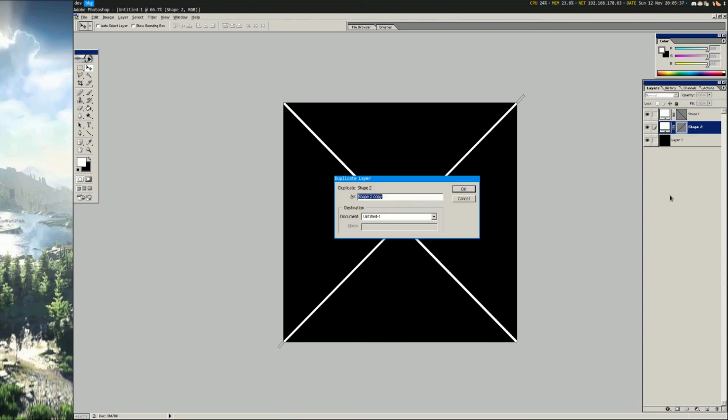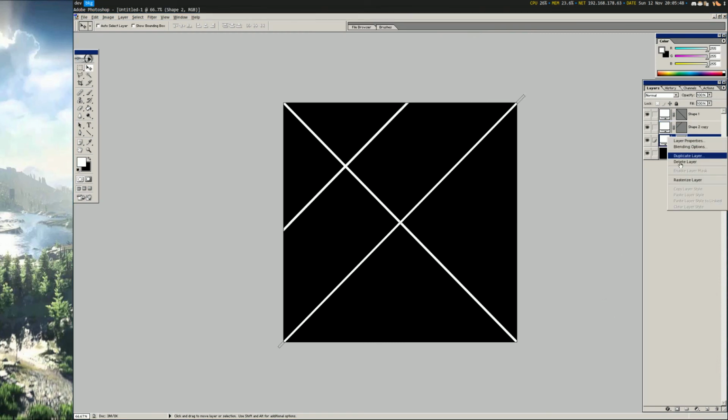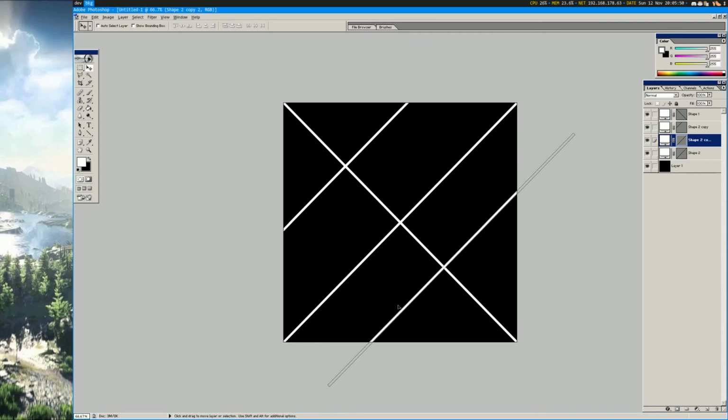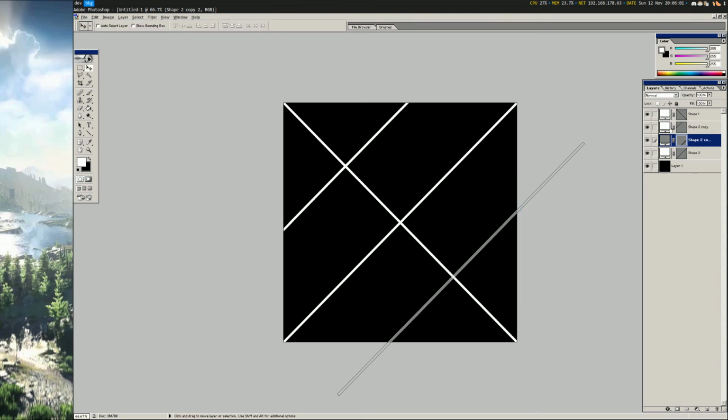I often find myself missing that from digital tools, so I'm just gonna do this by eye. Position it about halfway. And then about halfway. Yeah, okay. And then we're gonna change the color to something like that.